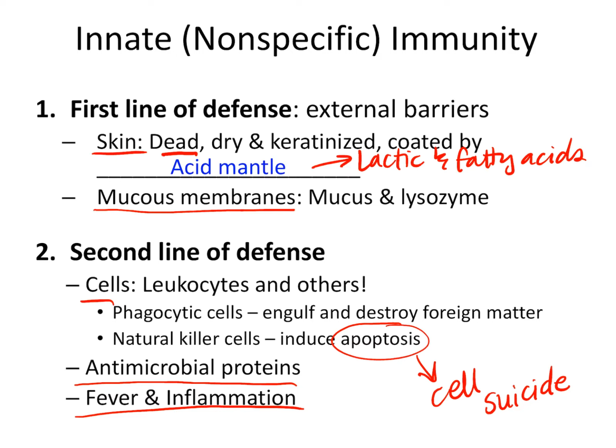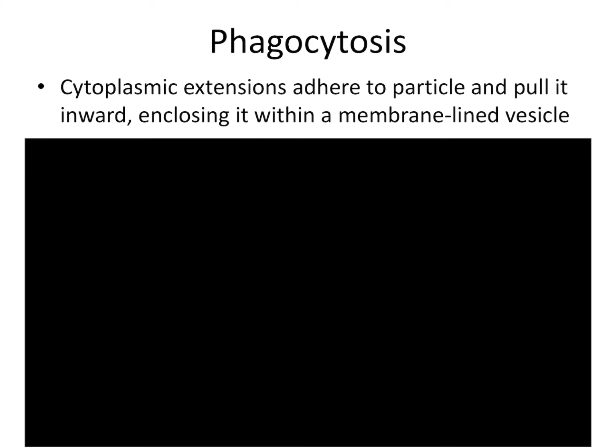Now, before we jump into talking about the various types of cells that are involved in innate immunity, I want to take a closer look at phagocytosis because it's such an important part of the immune reaction in general. So, recall, phagocytosis is this method by which a particular cell can reach out with a cytoplasmic extension and adhere to some sort of particle or cell or antigen, etc. And then it's able to internalize whatever this debris is, this foreign particle.